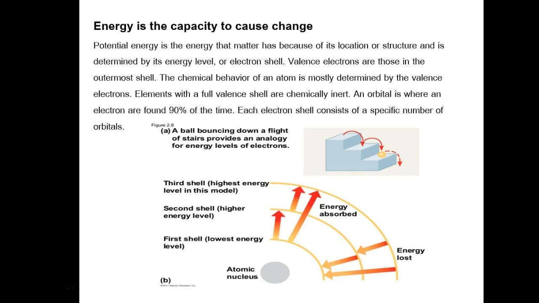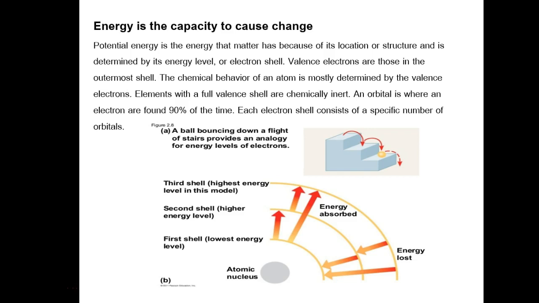Generally it's determined by its energy level. So if you think back to where you had the nucleus in the middle and then you had the electron orbiting around the nucleus, the energy level of that particular element or compound is based on that electron shell.